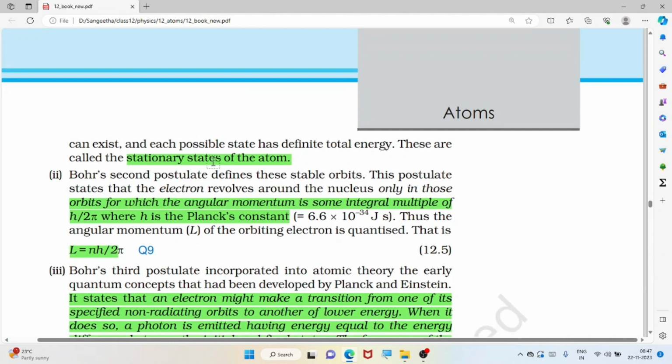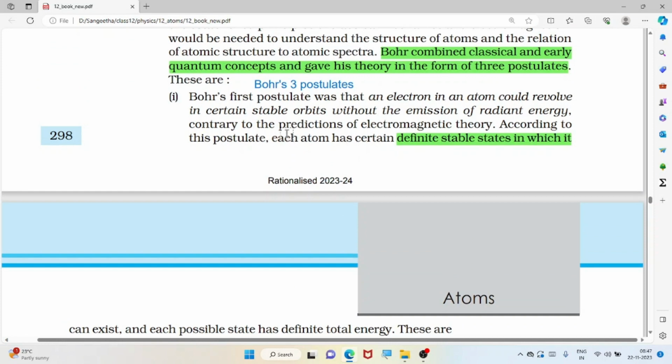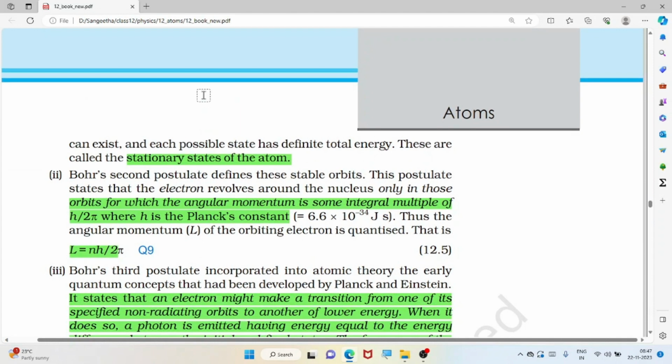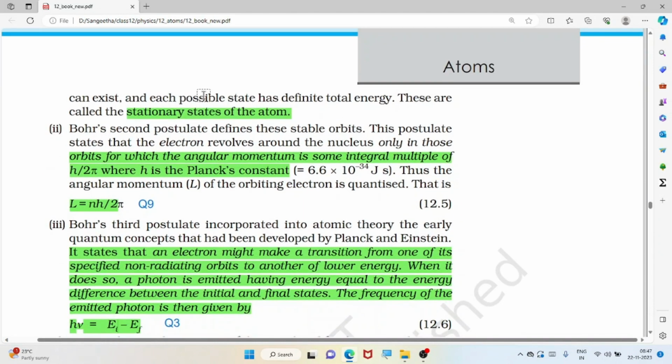These are called the stationary states of the atom, and each possible state has a definite total energy. Okay, that is the first.